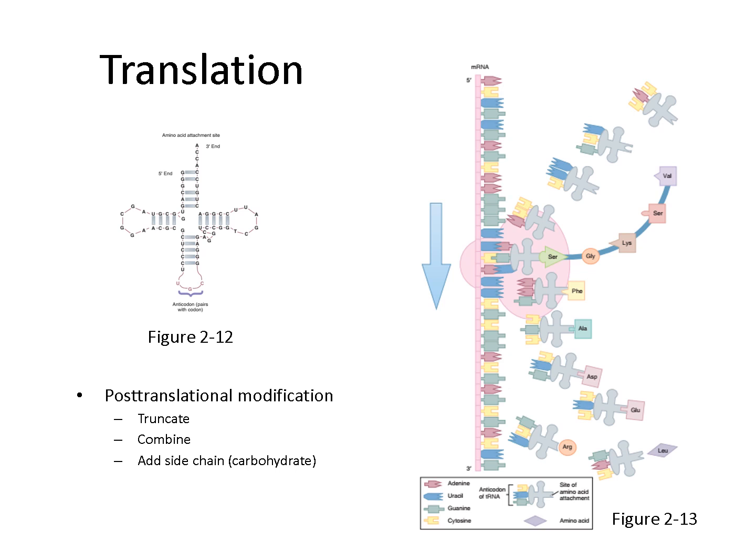After making the polypeptide, there are a lot of post-translational modifications in the ER and also in the Golgi system. They will truncate the protein, cut it, remove some parts you don't need, or add something like side chains of carbohydrate or lipid, or combine different proteins together to make a multi-subunit protein.